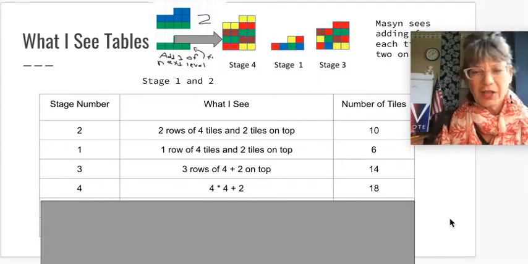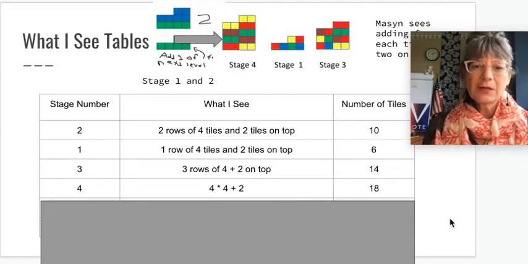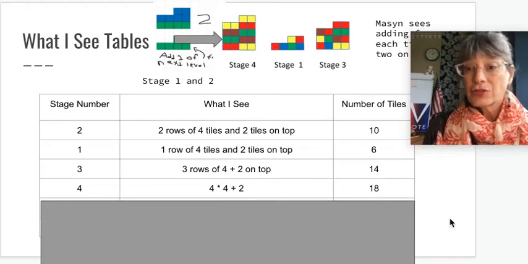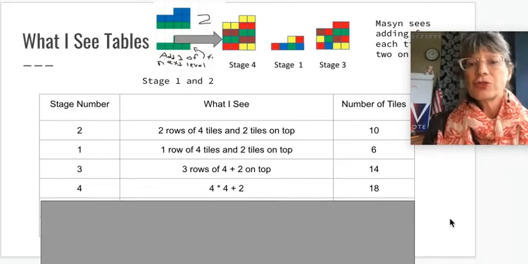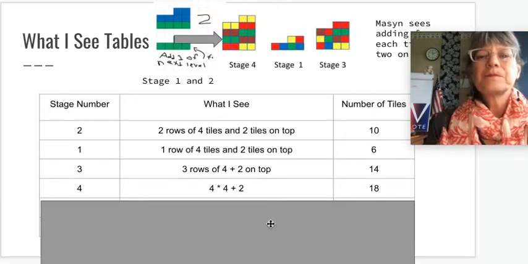So we're feeling even more confident now that we can see this the way Mason sees it. So we can write 4 times 4, and the 2 on top can be plus 2. So let's see. 4 times 4 plus 2 is 18.